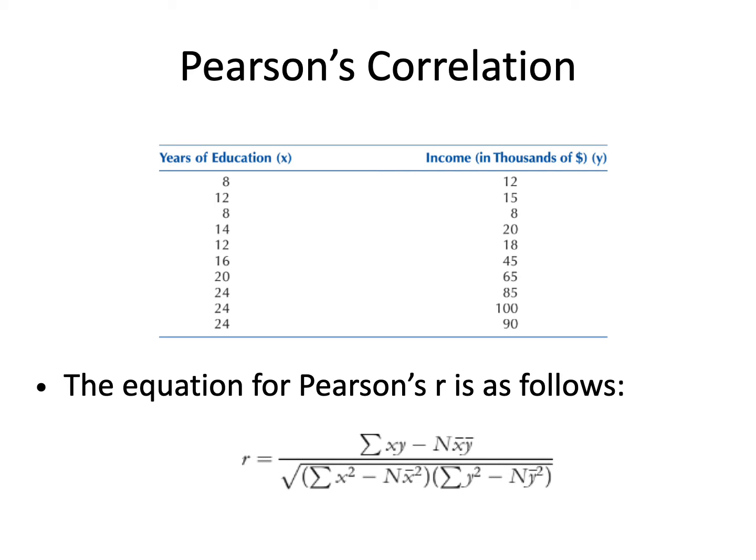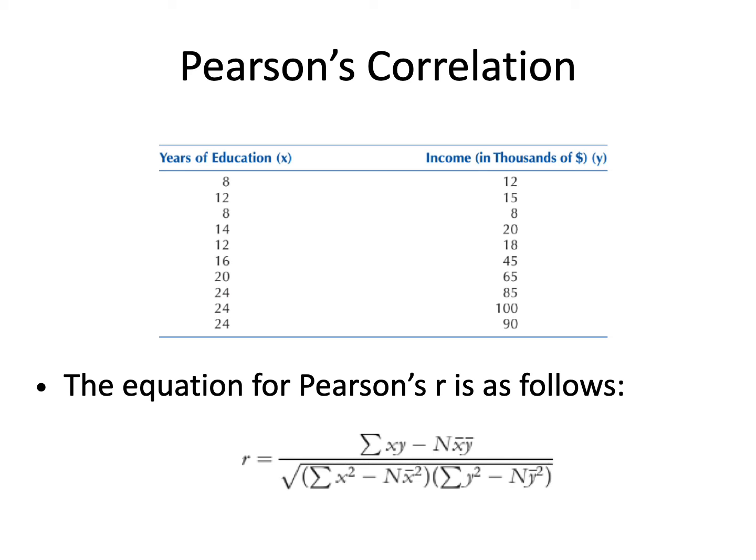The equation for Pearson's r is given here. This is the directly simplified version of the Pearson correlation. In most cases it is derived from the covariance between two variables, but this one is the simplified version of the standard Pearson correlation formula.